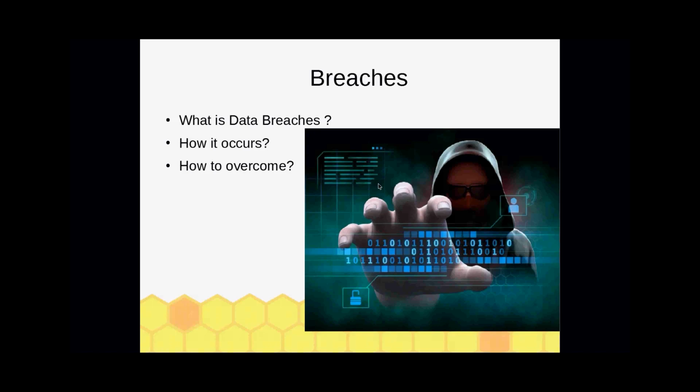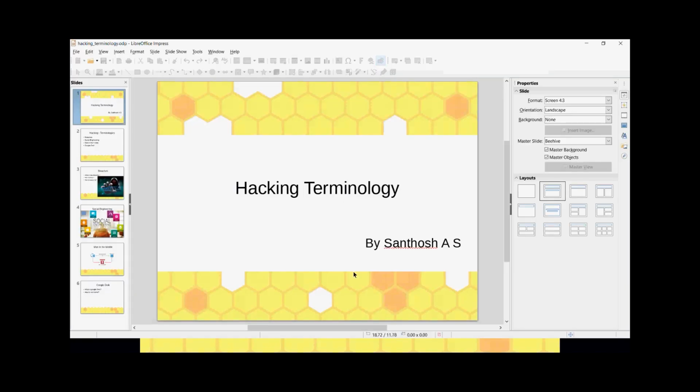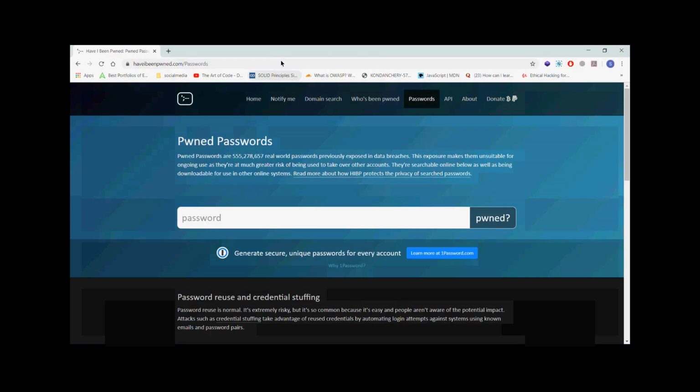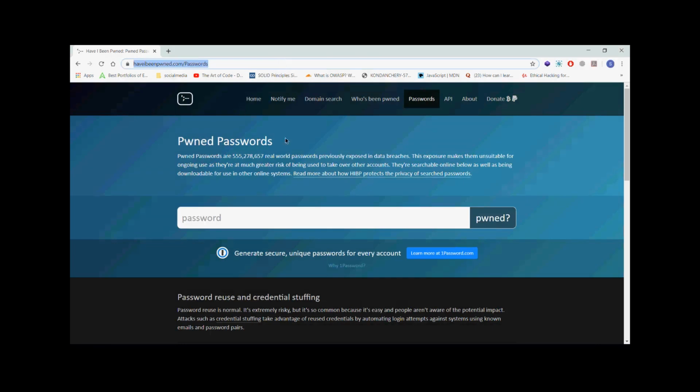And one more thing I have to show is there is one website where you can check whether your email ID is available. There is one website here, and you can check whether your email or your credentials have been breached. So for example, I'm not putting my own, so I will put test@gmail.com to see whether there has been a data breach.